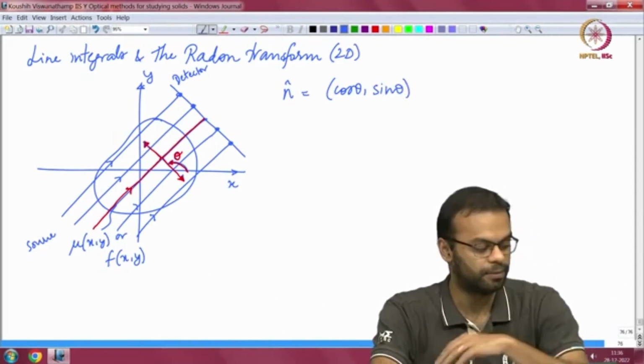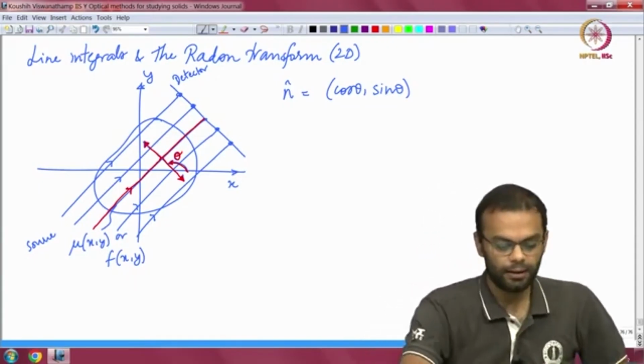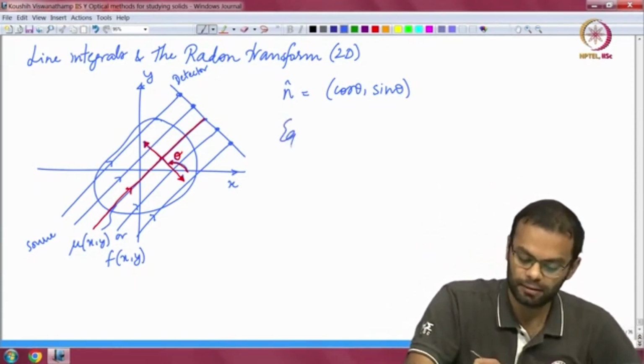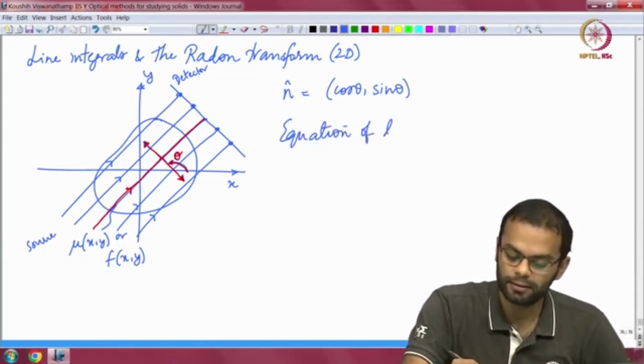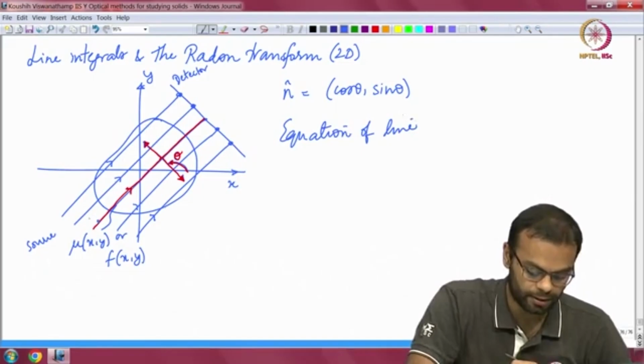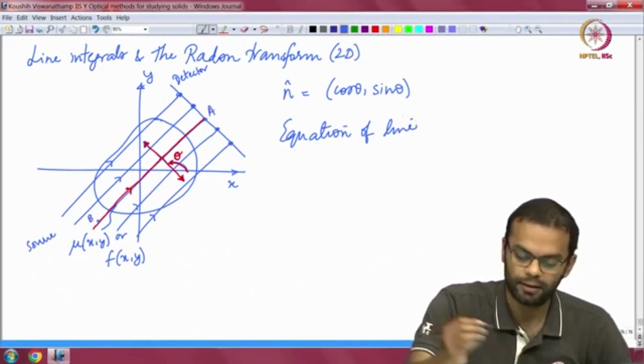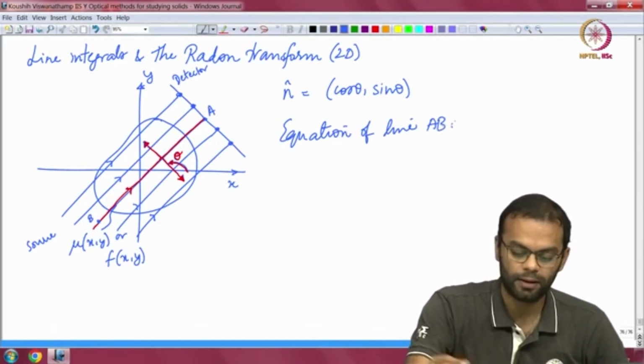So, cos square plus sin square is equal to 1. Now, the equation of the line, the red line, let us give it a name, this is B and this is A. Equation of line AB is what?